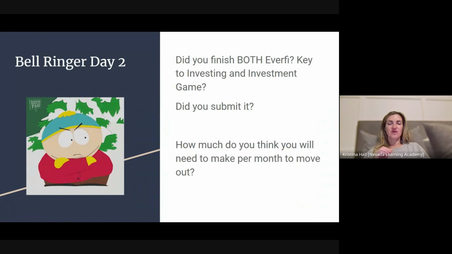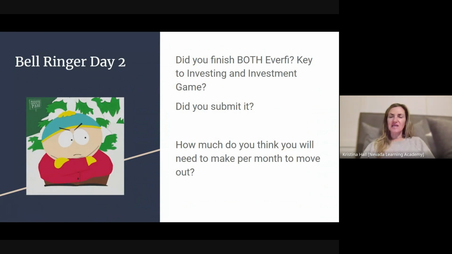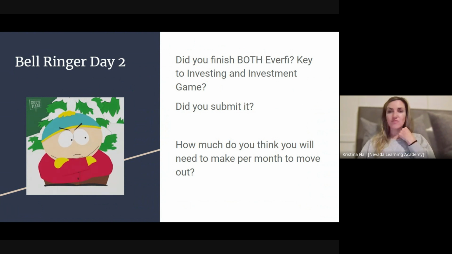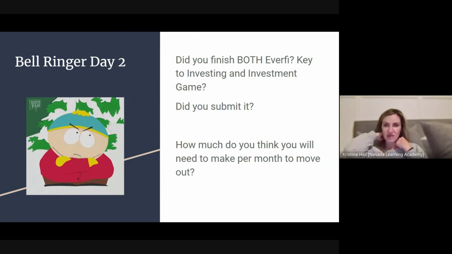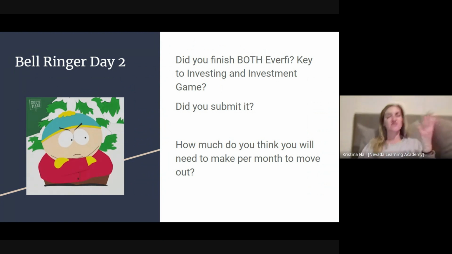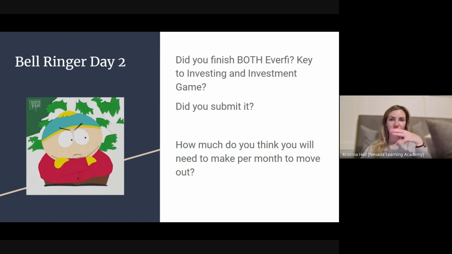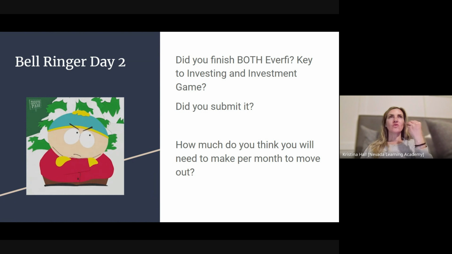So I want you to think for a second about standard of living, not just in America, but we all know that different parts of America cost more or less to live. If you live in New York City versus rural Mississippi, very different standards for how much money it would take to live. So thinking about the Las Vegas Valley, if you live in Vegas, North Vegas, Henderson, Boulder City, somewhere in the valley, how much do you think you would need in order to move out?